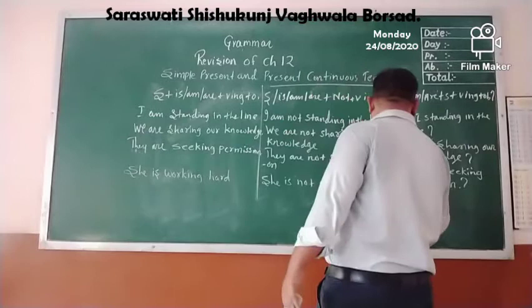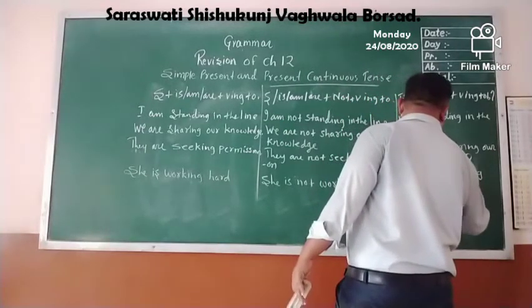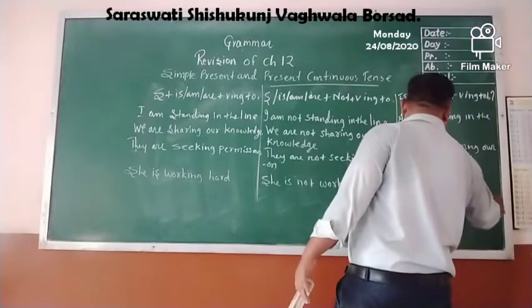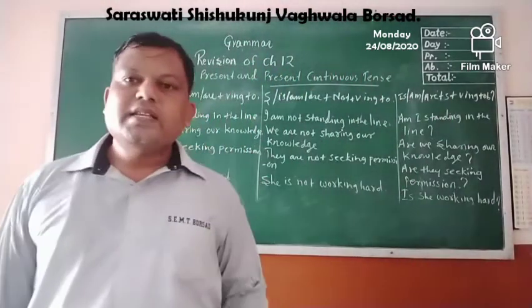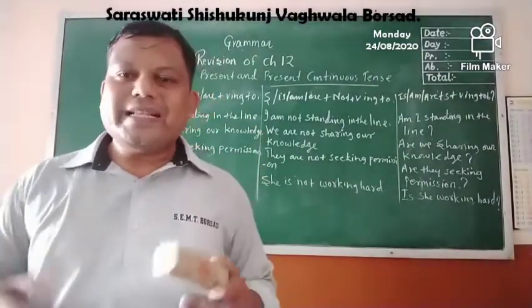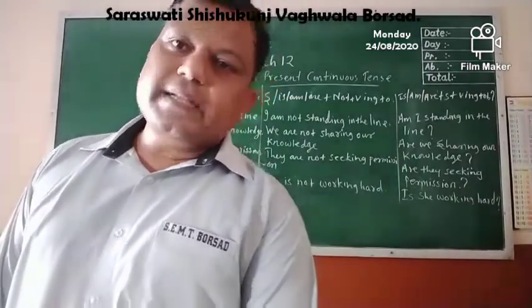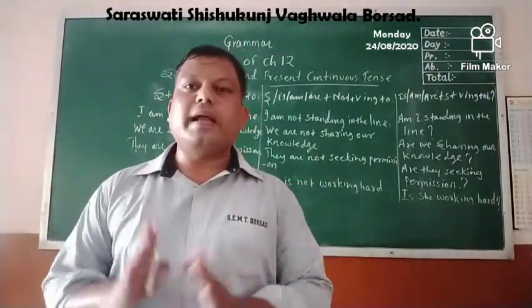And is she working hard? So she is working hard. She is not working hard. Is she working hard? So you can see here, when we talk about present continuous tense, we need to talk about the action which is happening right now.